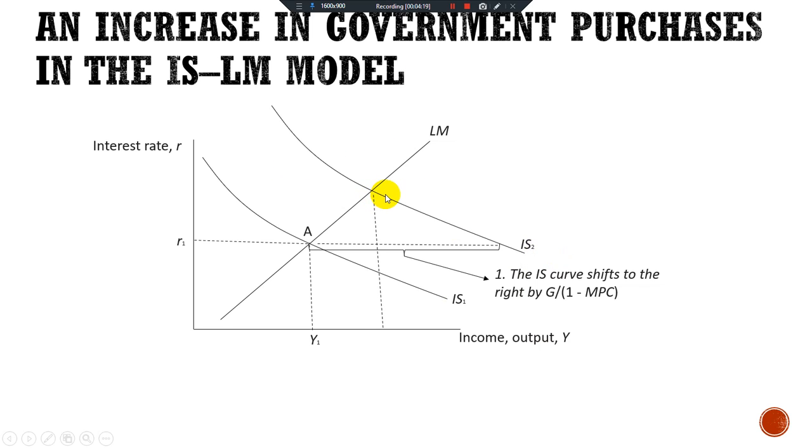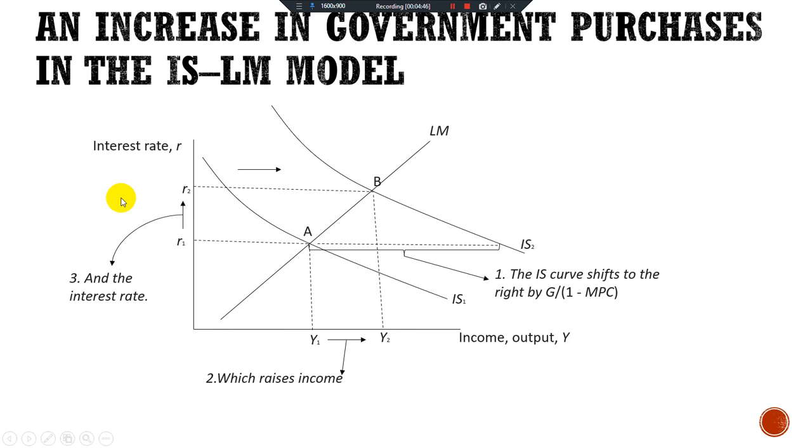We know that the intersection of the IS and LM curves decides the equilibrium level, so we have a new equilibrium at point B, and a rise in national income because of the rise in government purchases. We have a new level of national income, Y2, and a rise in interest rate from R1 to R2.